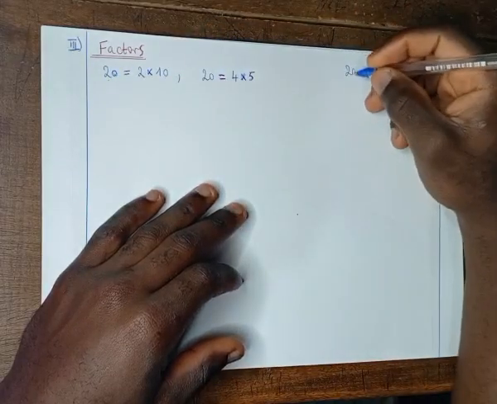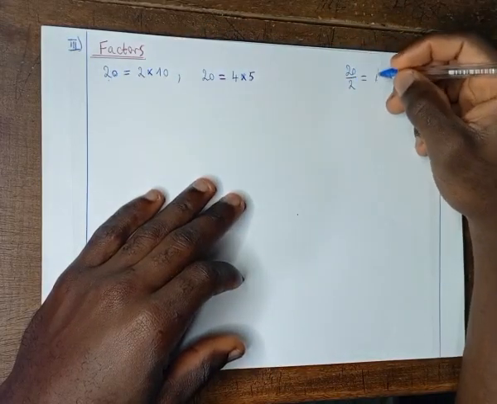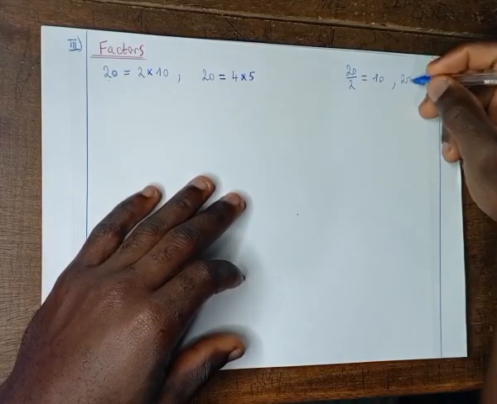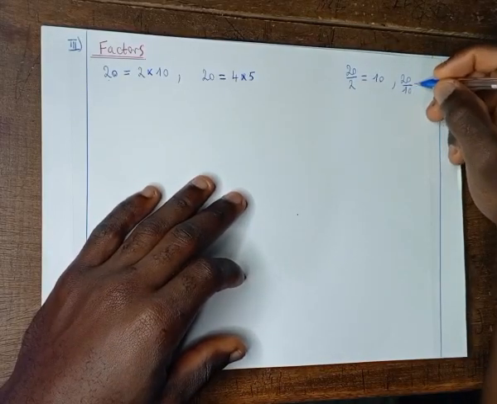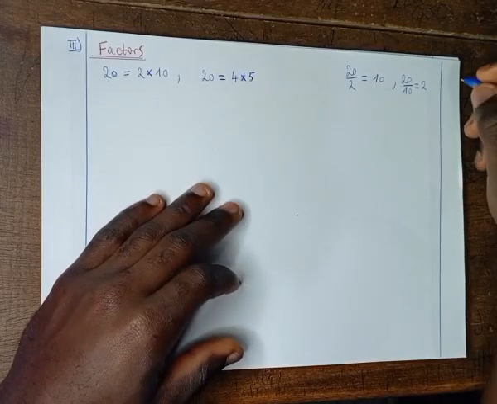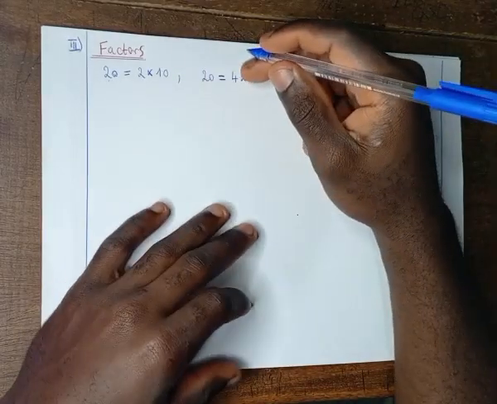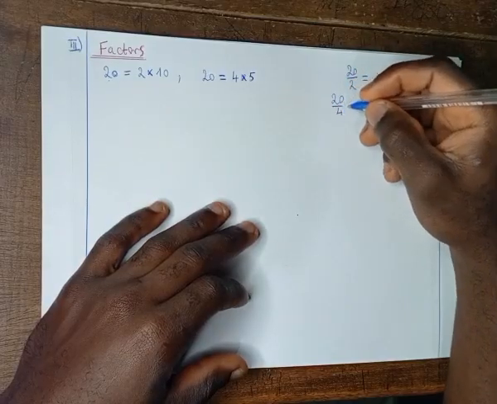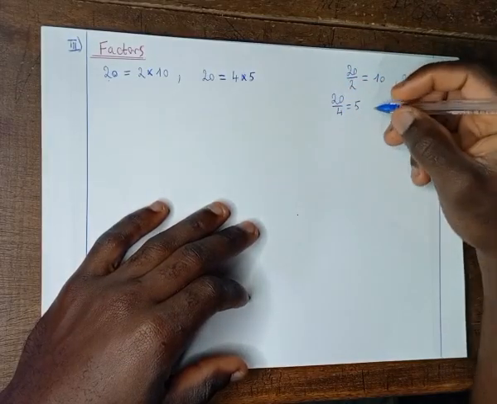If we divide the number 20 by 2, it gives us 10, which is a whole number. If we divide the number 20 by 10, it gives us 2, which is a whole number. The same thing here, if we divide the number 20 by 4, it gives us 5, which is a whole number.